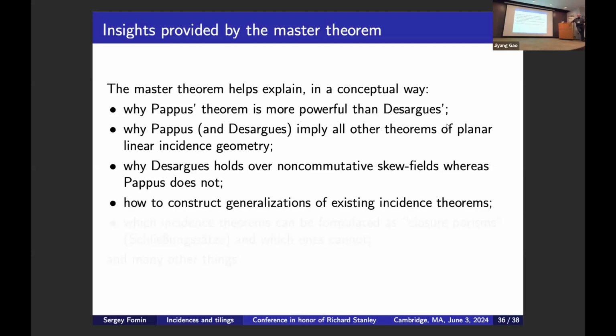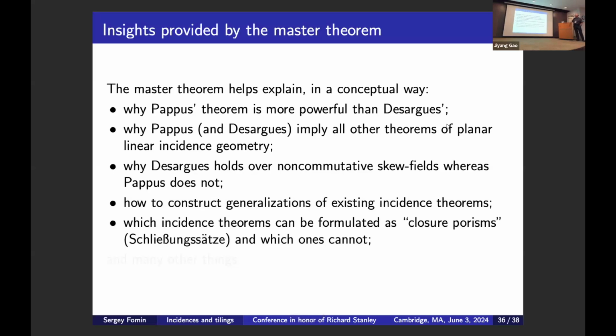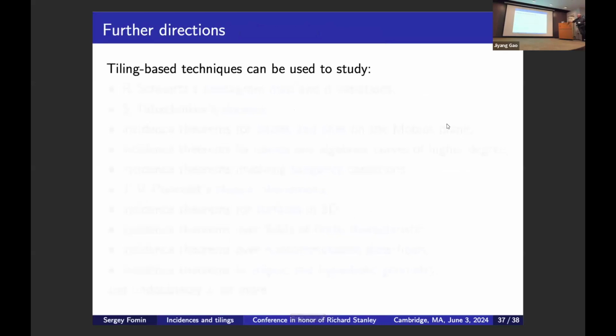We can explain how to generalize any theorem that you give me, by gluing in, inserting extra tiles. Ask me later, I can explain. We can explain why some theorems can be formulated as closure porisms, as these point-select-tile theorems, whereas some others cannot. This has to do with Hamiltonicity of certain graphs and many other things. And now, further directions.